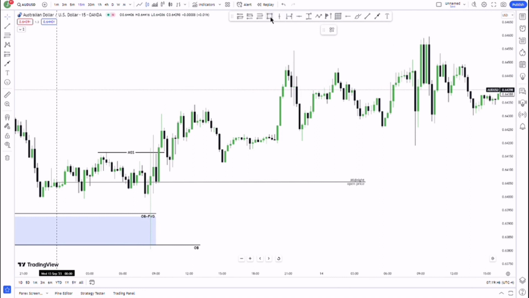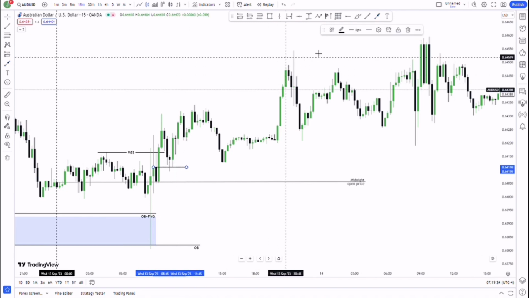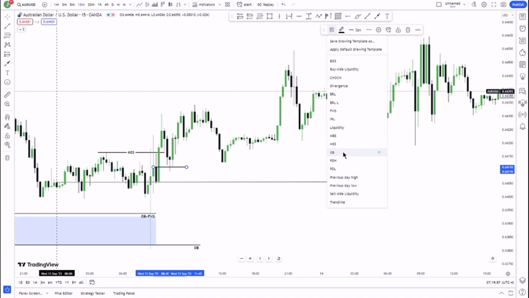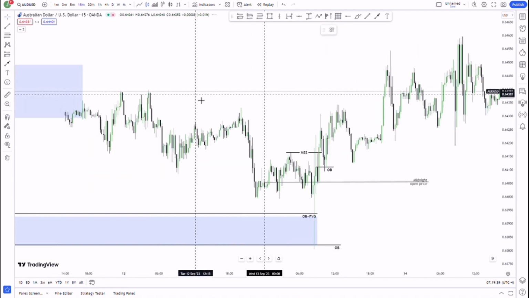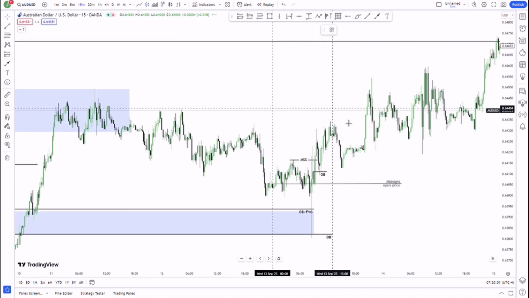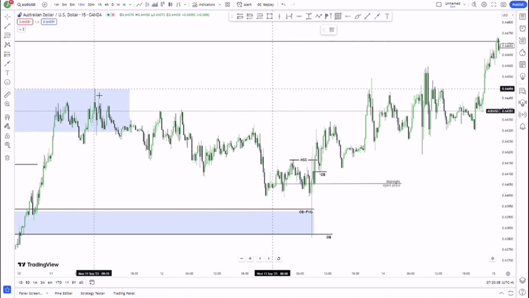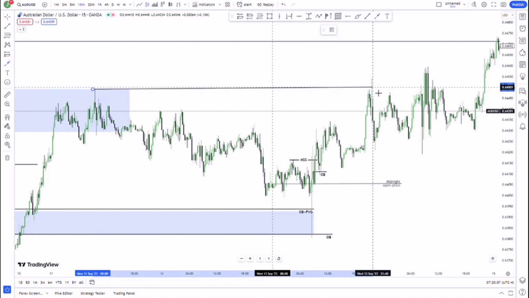Then what we also have is this order block. Now right over here is where we found our entry point. Now before entering, we'll be looking at our targets. The first target would be here. Why?